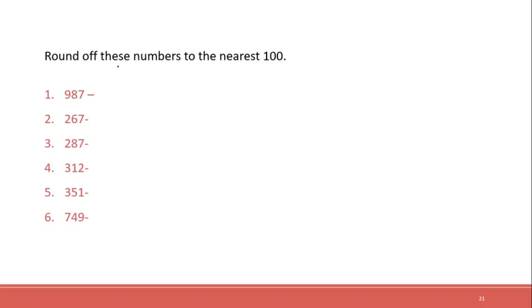Now I want you to round these numbers to the nearest 100. Tell me, 987 will be rounded off to, tell me the nearest number. It is 1000. Wait a second.